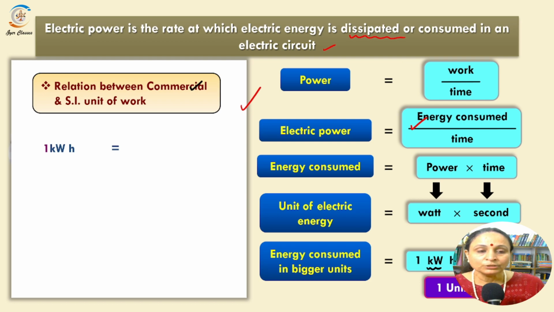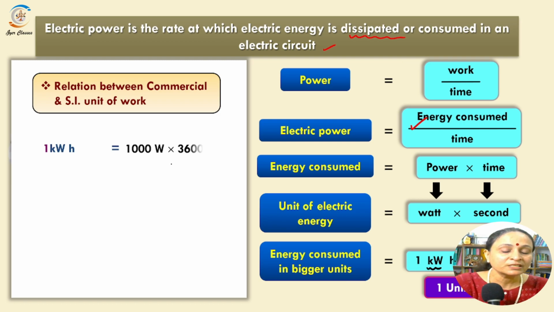Now the relation between the commercial and the SI unit of work. 1 kilowatt hour, what is it? 1 kilowatt means 1000 watt, and 1 hour means 3600 seconds. Multiply them together, so it becomes 36 into 10 to the power of 5 watt seconds.